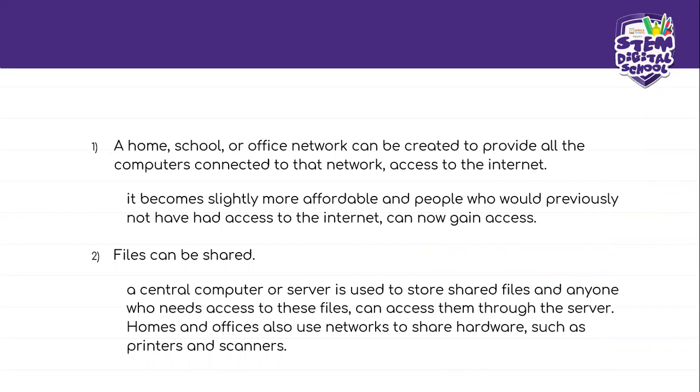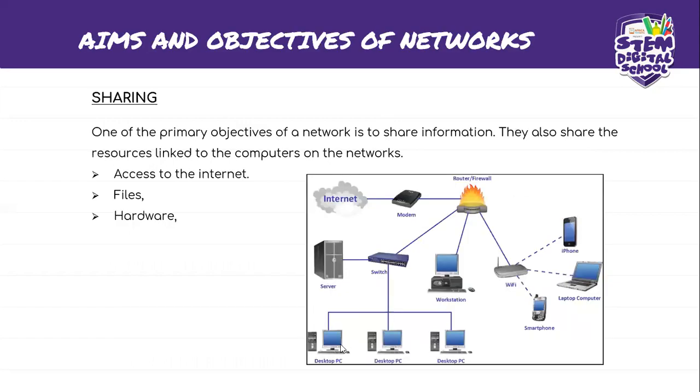So that's a primary objective of a network, to share information. Files can also be shared, like I've said, with the server. These computers have access to what is in the server, so they share a file.